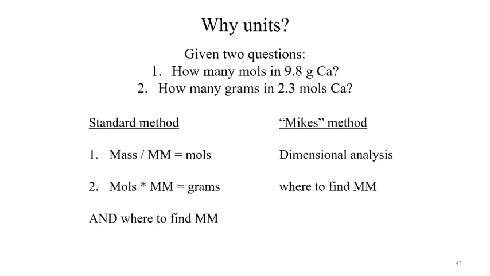In the standard method, you have to memorize all of these possible formulas. In my method, all you're doing is dimensional analysis, and then knowing where to find information. There isn't a formula to memorize. It actually simplifies the amount of effort that you have to go through, as long as you spend the time to learn that process. Okay? And that's the point here.